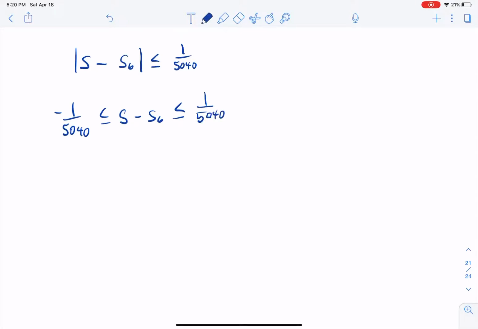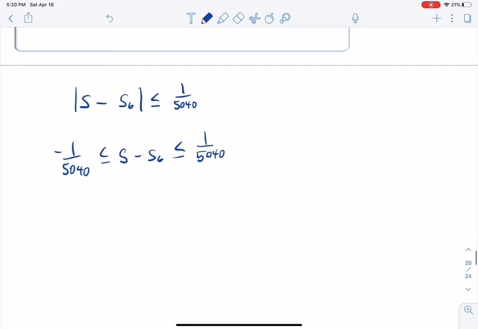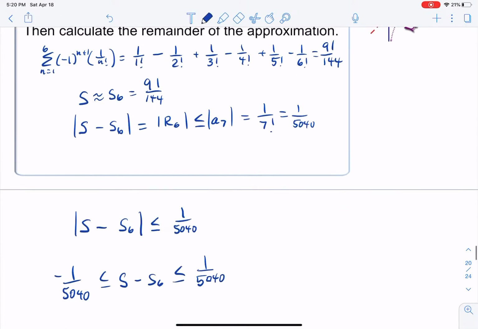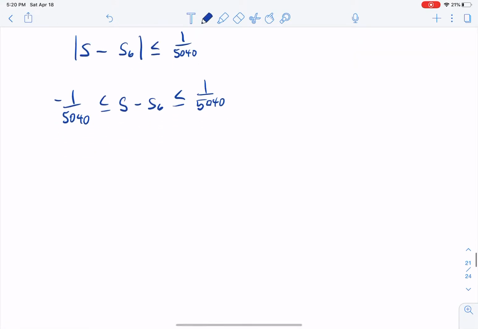All right, and then I do have something I can put into S sub 6 right up here, which is the 91 over 144. S minus 91 over 144, which is less than or equal to 1 over 5040. And then if I were to just solve this for S, I can get a bound for how big that sum could possibly be.